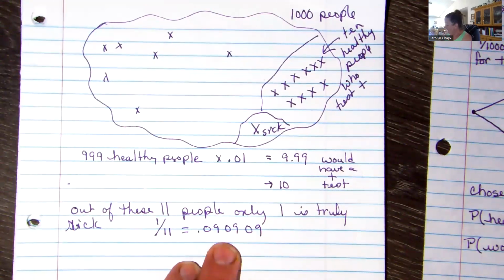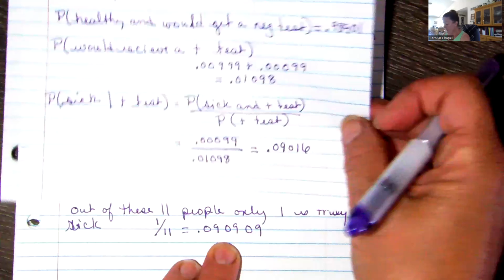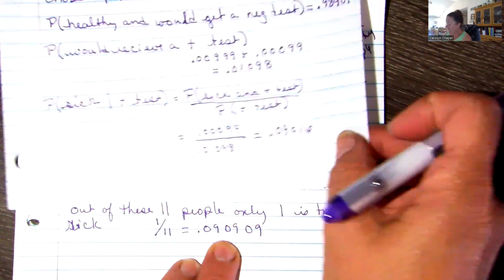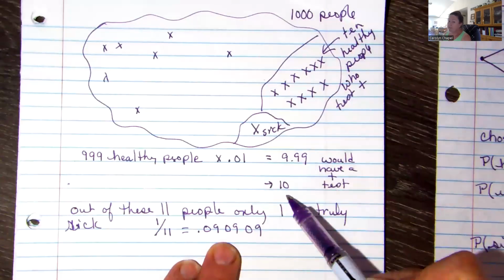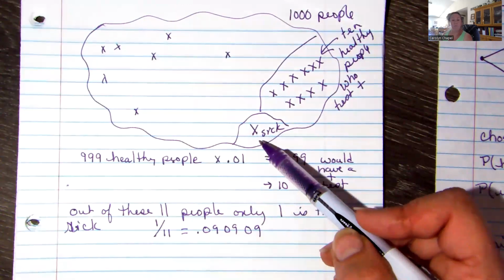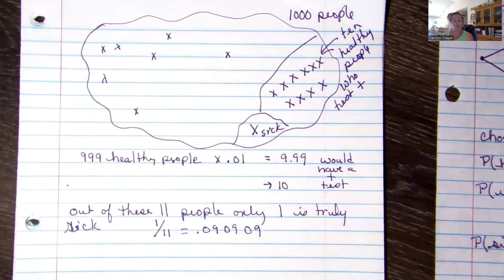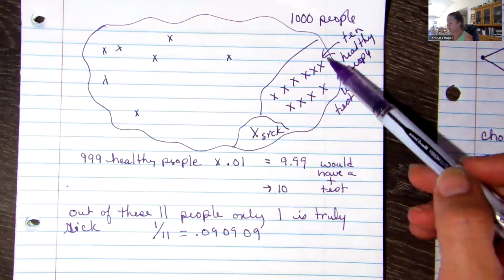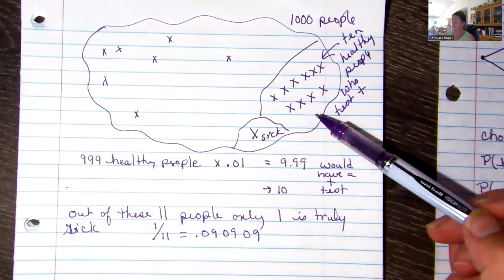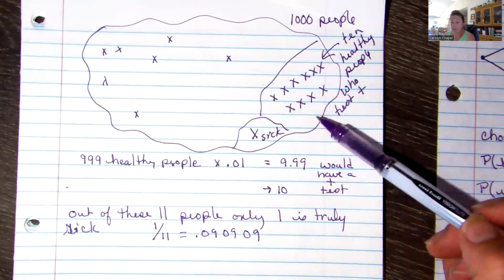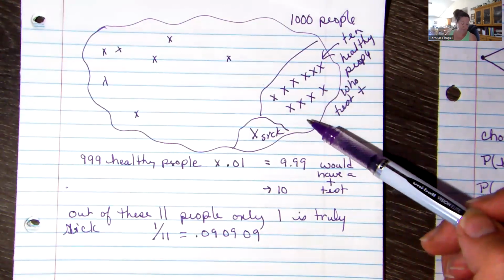Our answer was not quite that. We had 0.09016. The reason for that difference is because we did round up here to 10. And I did assume that this person would be tested positive. But for this argument, you can kind of see that, oh, yeah, I'm not going to have that likely of a chance, simply because since the test is inaccurate, we're going to have a lot of people that are going to test positive that are really truly healthy.